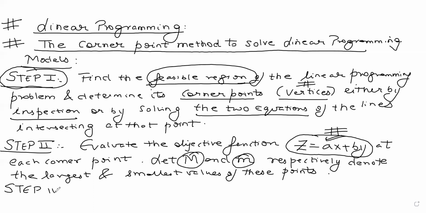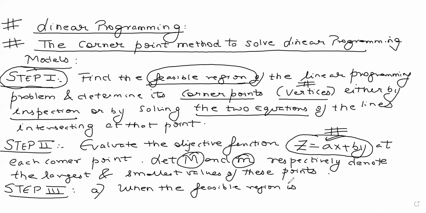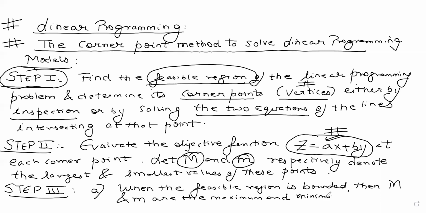Let's look at step 3. Within step 3, point A: when the feasible region is bounded, then capital M and small m are the maximum and the minimum values of Z. Remember, we had done the concept of boundedness in the last lecture.